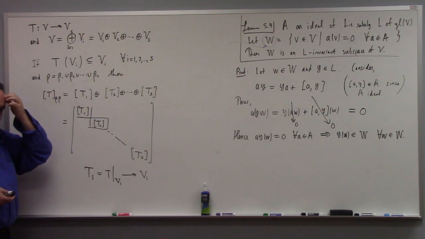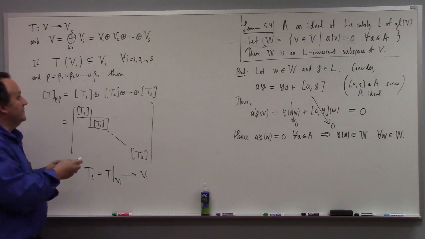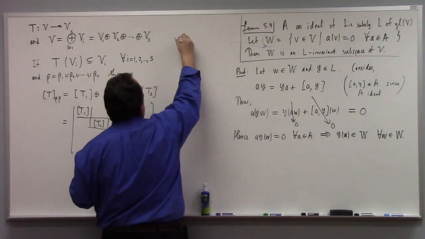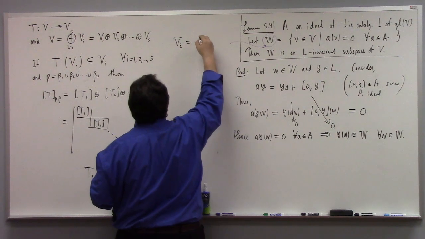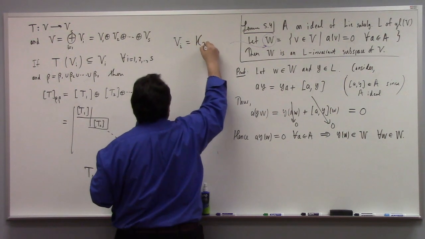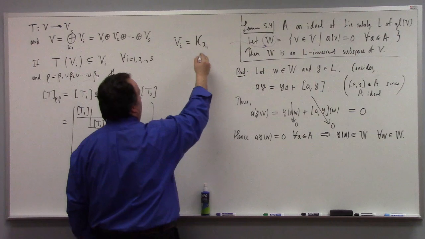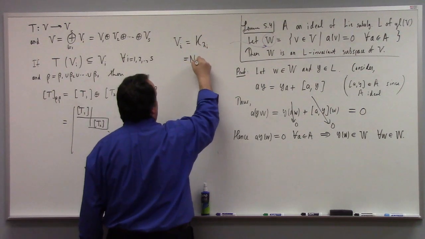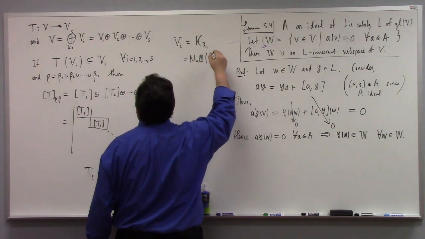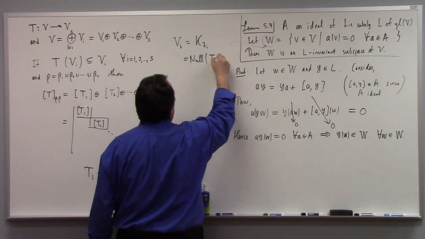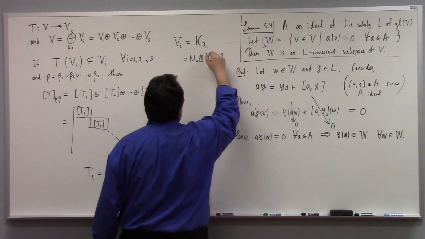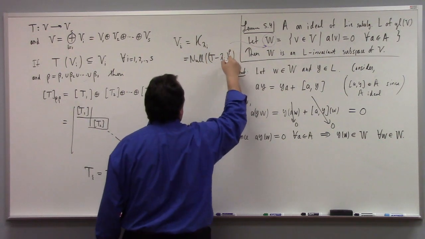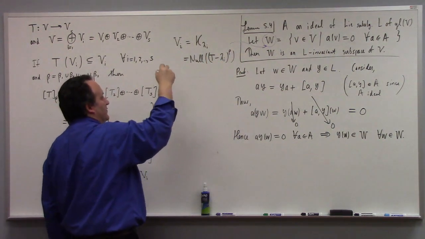So Vi here could be something like K lambda i, where we're talking about the null space of T minus lambda I to some power. Let me not be too careful about this. I'm going to put some quotes on here.